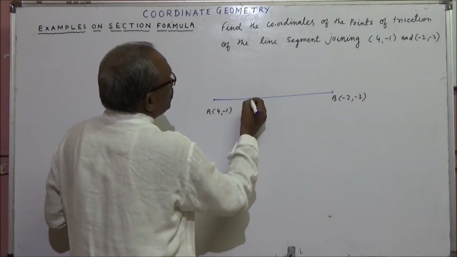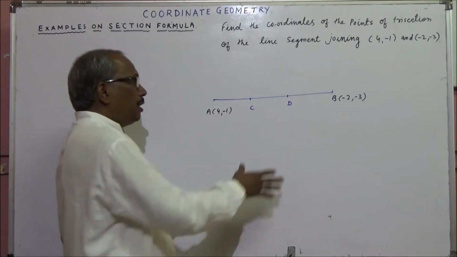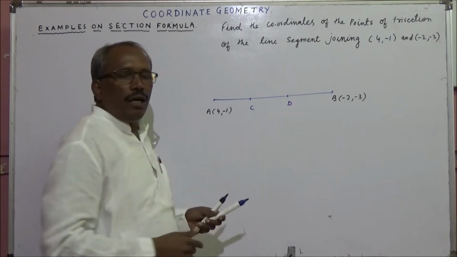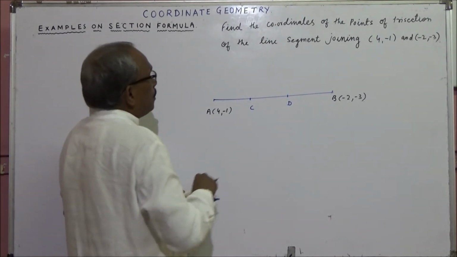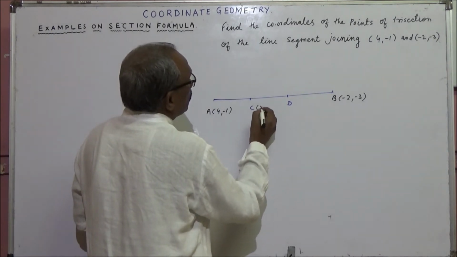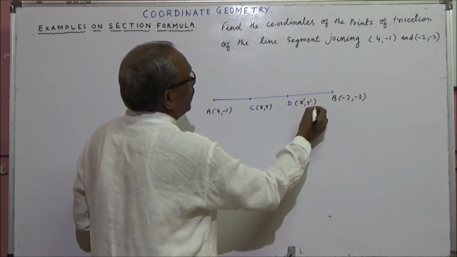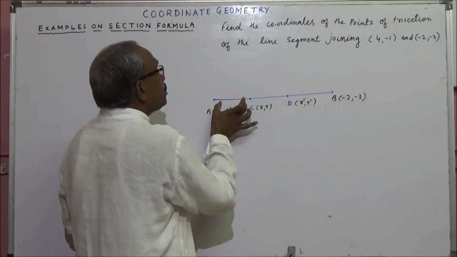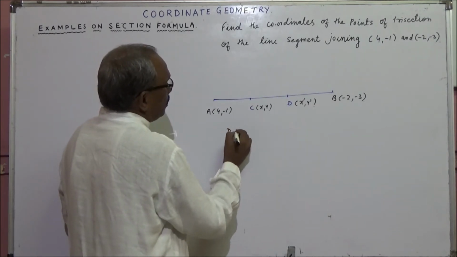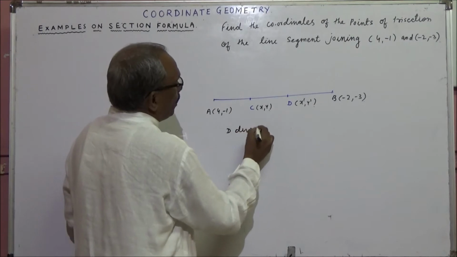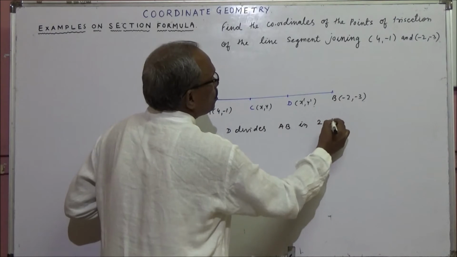Now trisection, suppose these are point C and point D. Trisection means ऐसे दो पॉइंट्स जो गिवन लाइन सेगमेंट के 3 इक्वल पार्ट्स करते हैं. So let us consider this as (x, y) and this as (x', y'). See here, these 3 are equal, so therefore I can say that D divides AB in 2:1 ratio.